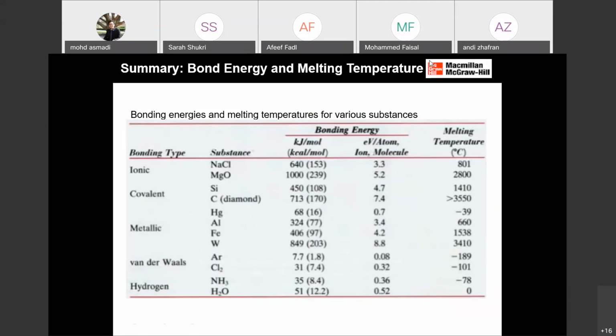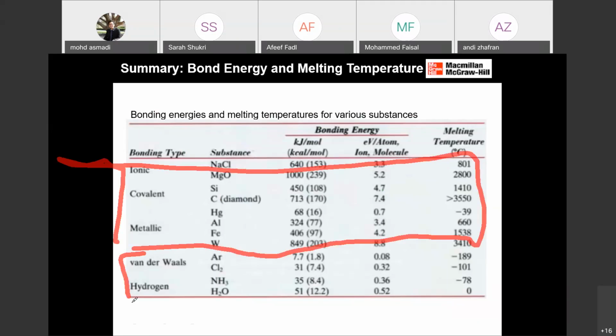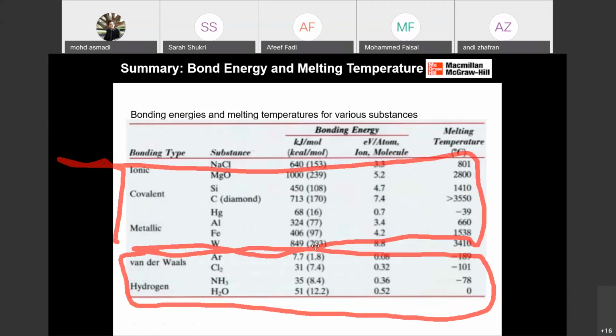If you look here, this one is primary bonds and this one is van der Waals, and the bond energy is much lower compared to the primary bonds. Since the secondary bond is fluctuating, the bonding is not really primary, that's why we call it secondary.